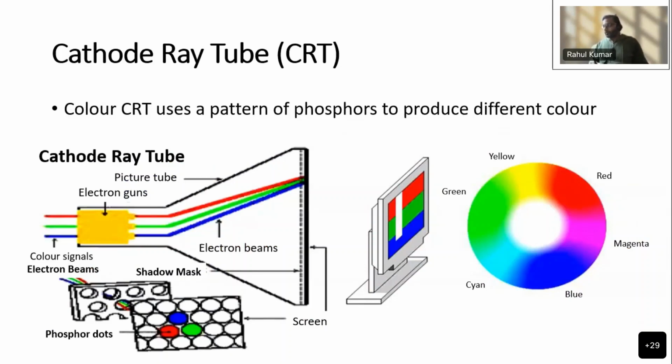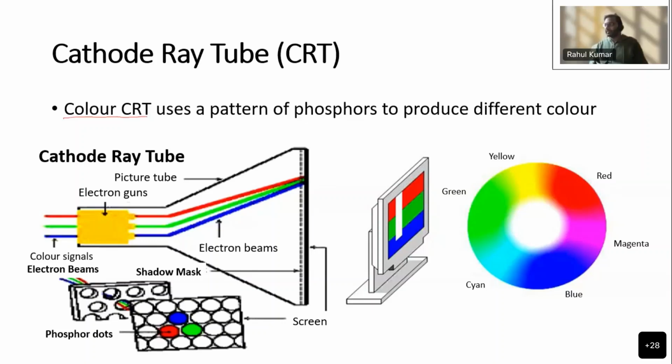Now the screen, so in case of a colored CRT, to produce different colors, the screen is coated with a pattern of different phosphors, right? And different phosphors, they will produce different colors, right?